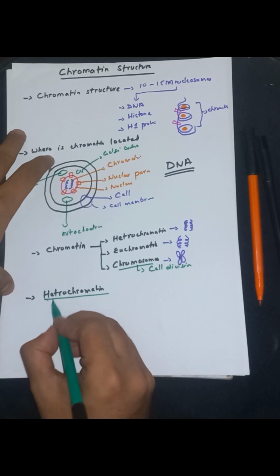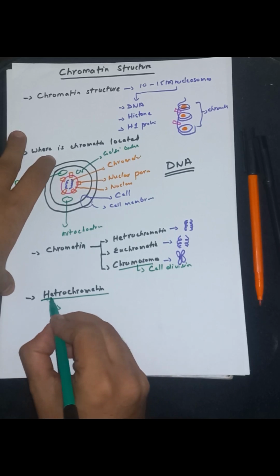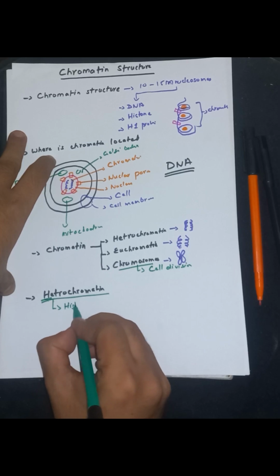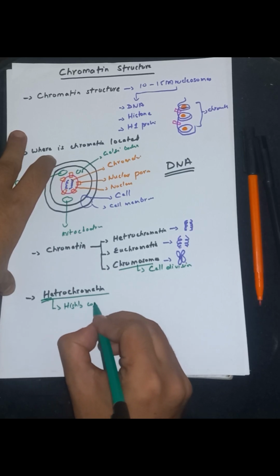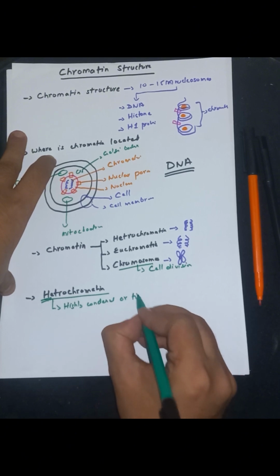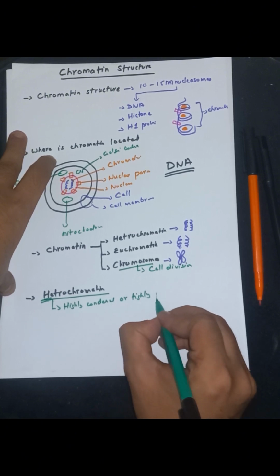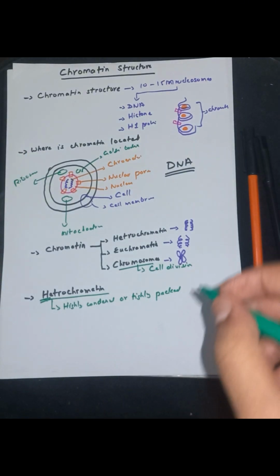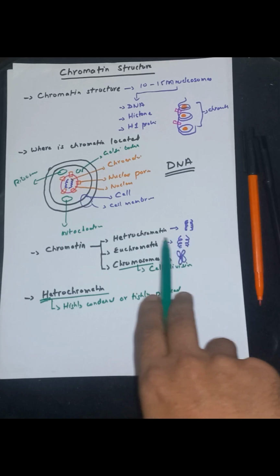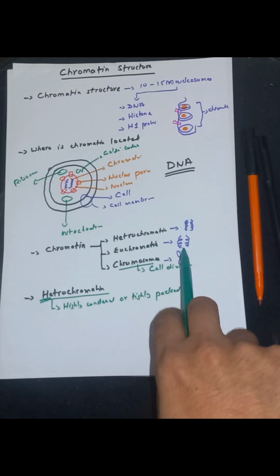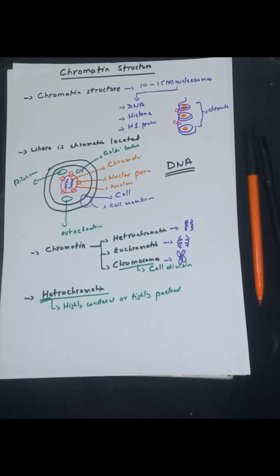One thing that we can understand from its name is that it is highly condensed or tightly packed. Now what does this mean? It means that when a heterochromatin is tightly packed, then it is highly condensed.